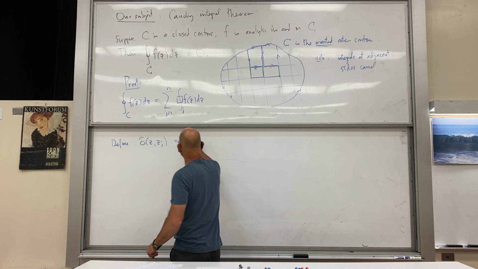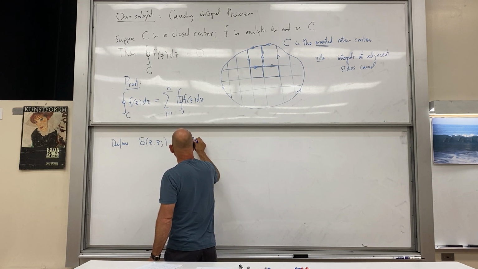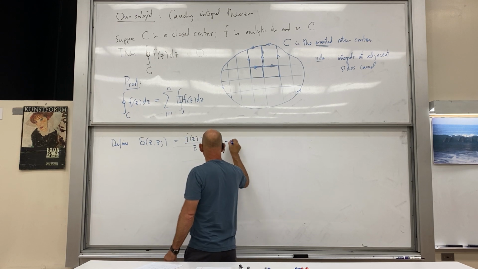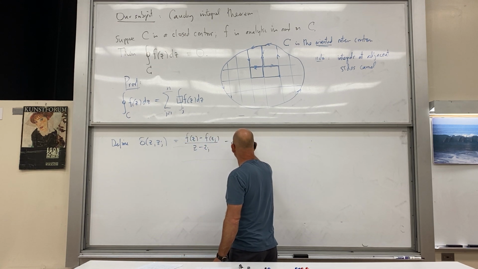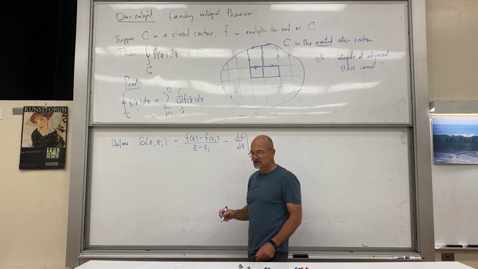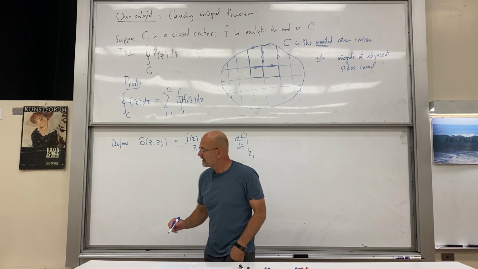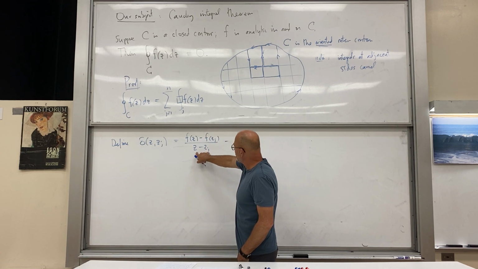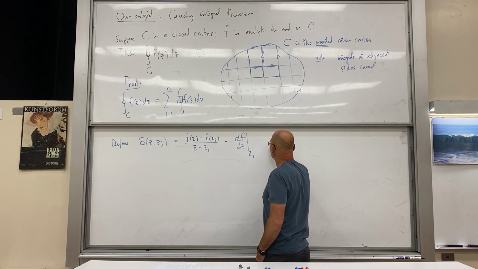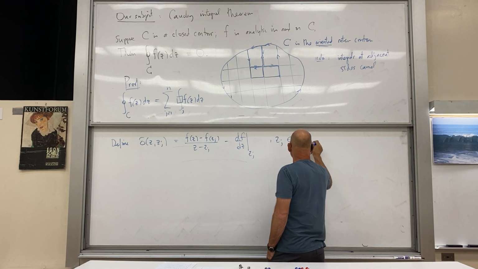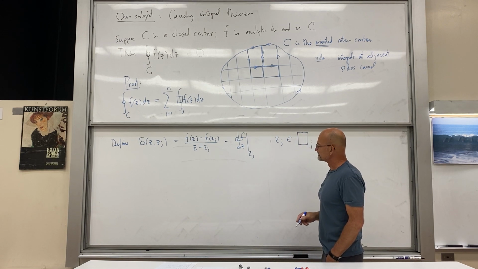So that is equal to f of z minus f of z sub j over z minus z sub j, minus df/dz evaluated at z sub j. And this z sub j, right, this is a difference quotient. z sub j is an element of your box j right there.